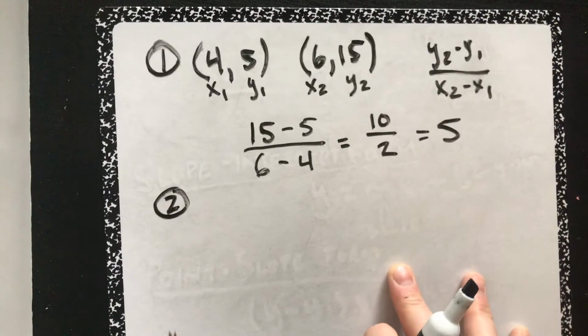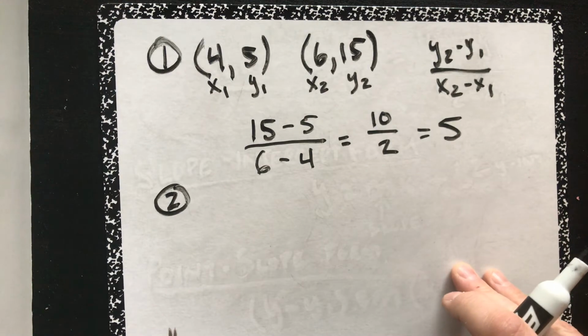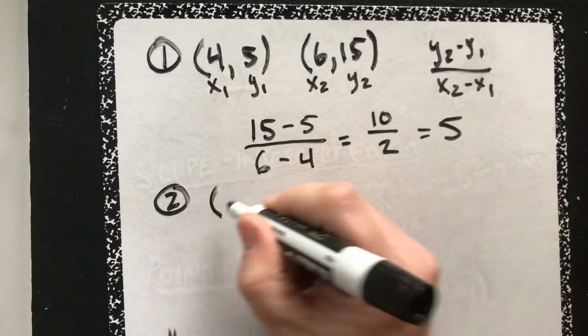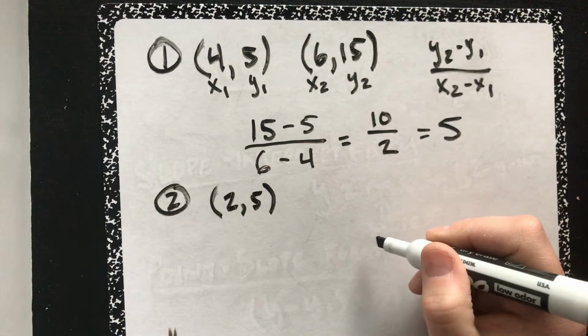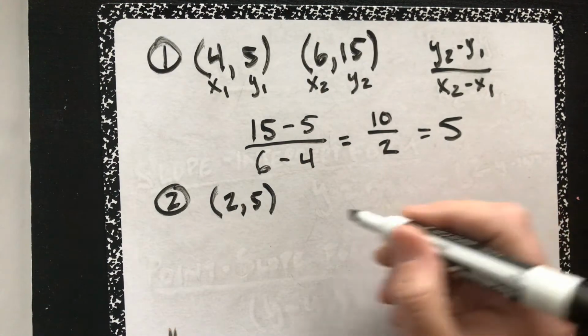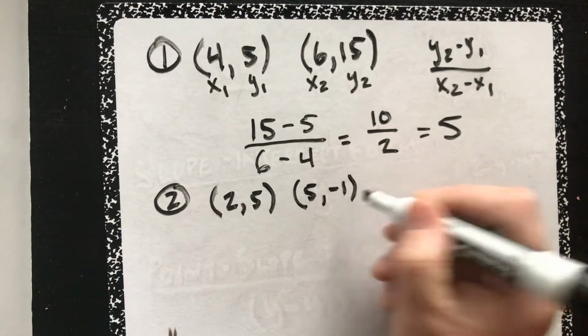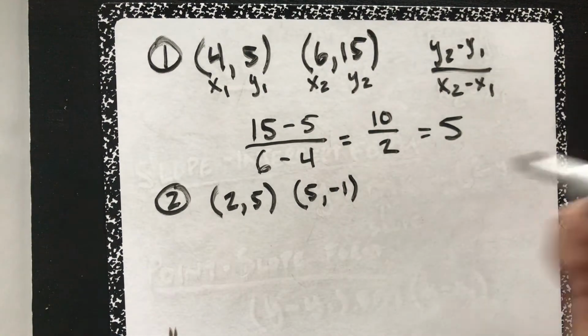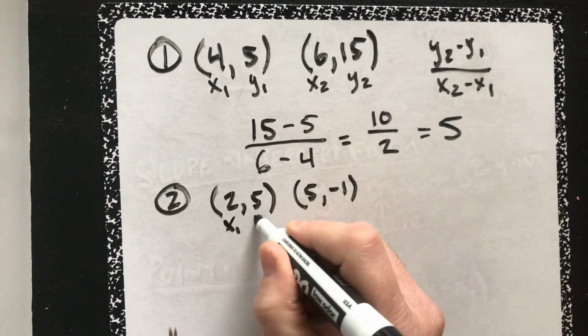And you do the same thing with number 2. Number 2, they give us a graph, and they actually label 2 points for us. The first point is 2, 5, and the next point is 5, negative 1. Once again, I'm going to plug it in here. Let's just call this x sub 1, y sub 1.